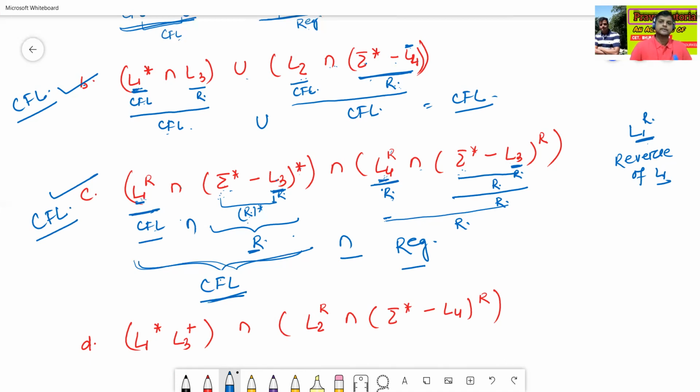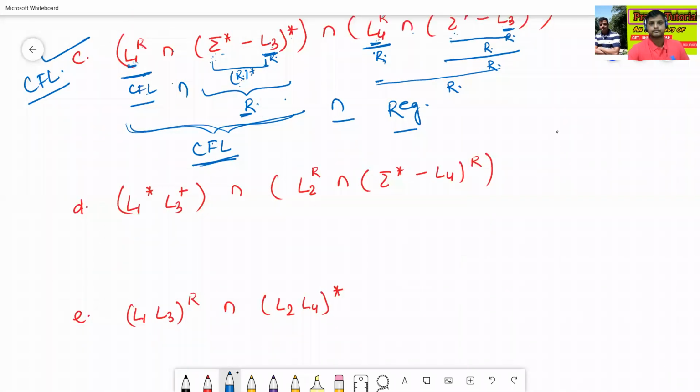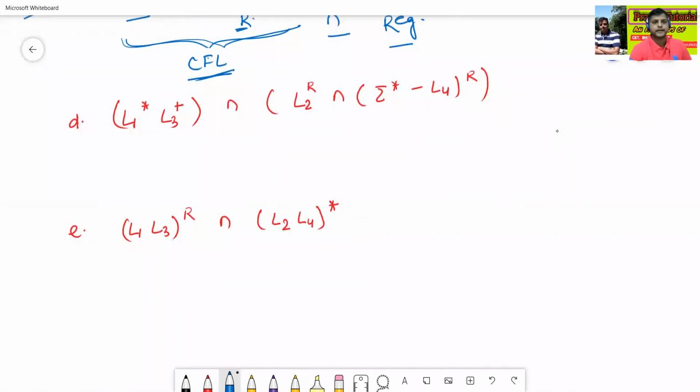Okay. Now we'll see the next question, D. Here L1 is CFL. The Kleene closure of L1 is CFL. Then L3 is regular. Positive closure of regular is regular.